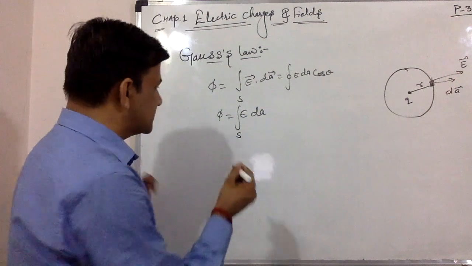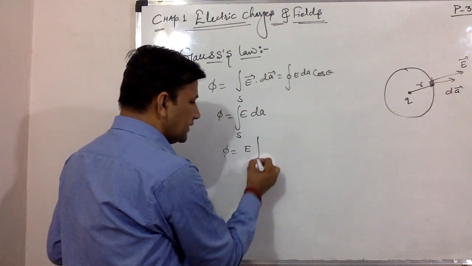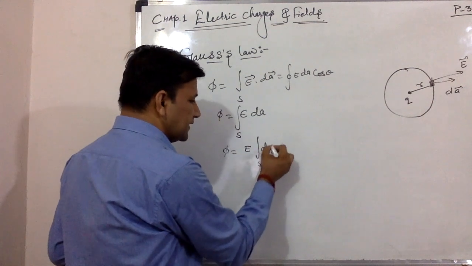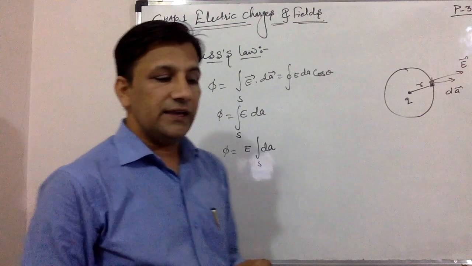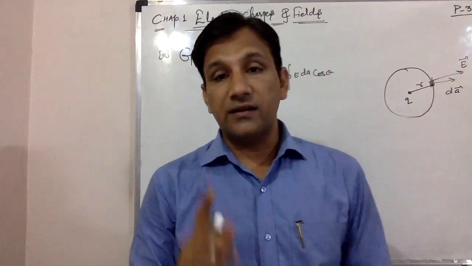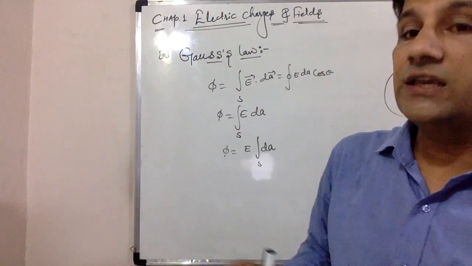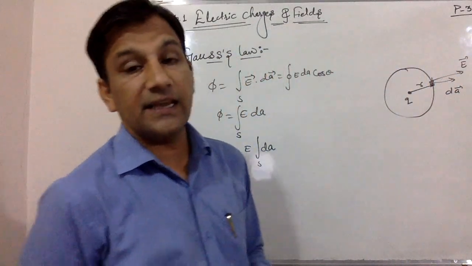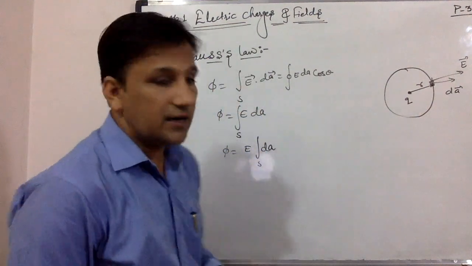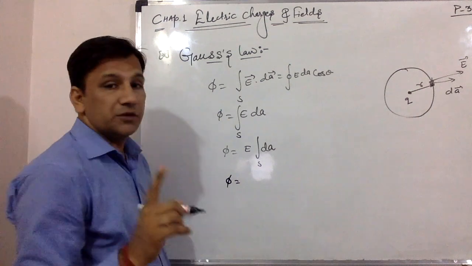So this is phi is equal to E into integration of dA over the given surface. Now the integration of dA is capital A, the area of the given surface. Now the area of the given surface, that is A, is equal to 4 pi r square.